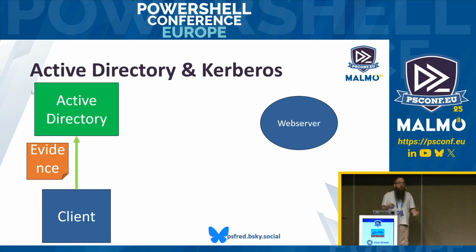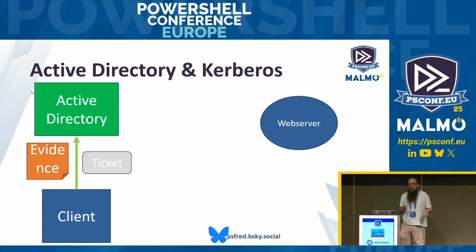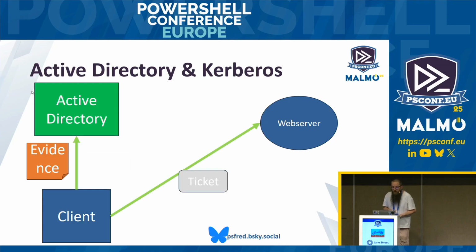And Active Directory is now going to assign us a ticket, basically an entry ticket to the web server. And with that, we now send the ticket to the web server. So if an attacker compromises the web server, they have not our secrets, not our evidence, they only have that entry ticket to the web server, which usually is not enough to compromise us.